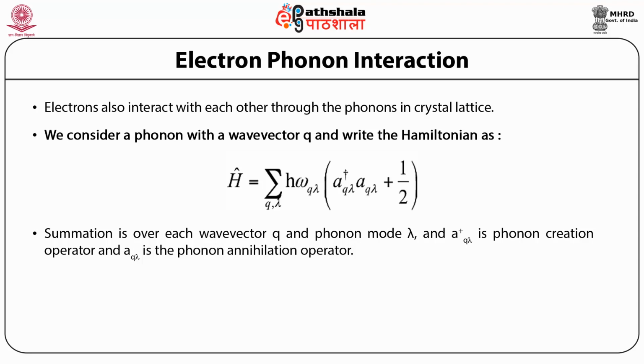So this summation is over each wave vector q and the phonon mode lambda. Lambda is basically the mode, and a dagger q lambda is the phonon creation operator, that is the creation operator for a phonon with wave vector q and mode lambda. In a similar manner, a q lambda is the phonon annihilation operator.